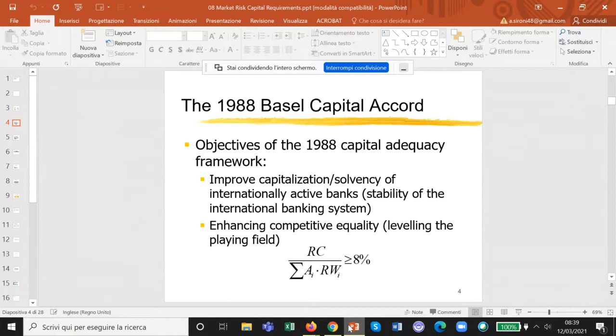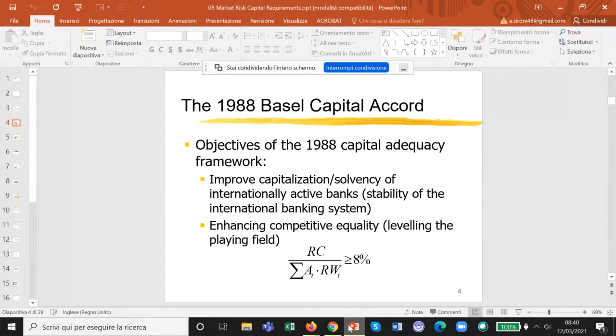And the US were arguing that this was because in Japan they had no capital requirements, no capital regulation, and therefore Japanese banks could work with a very high leverage, while US banks, just as, for example, UK banks, were subject to capital constraint. There was a minimum capital requirement, okay?